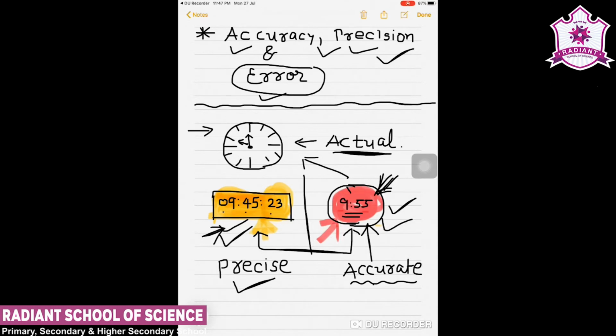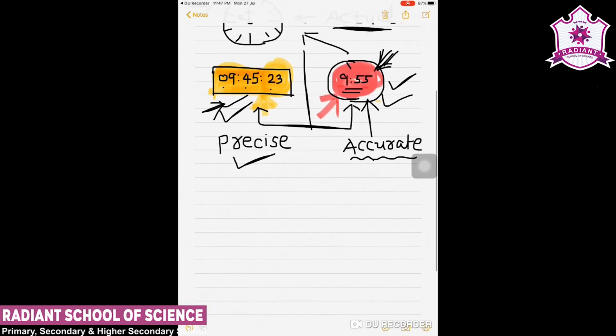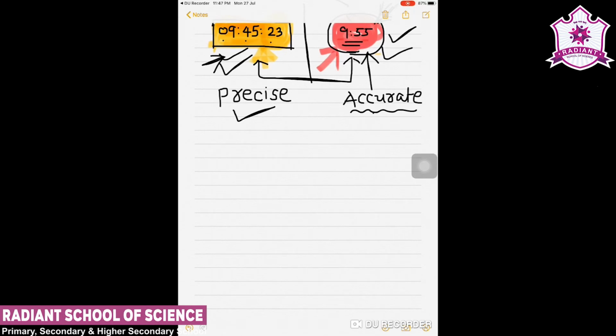So this clock, that means the red clock, is more accurate but less precise, while the yellow clock is more precise but less accurate, and accuracy and precision are instrumental. So an instrument has more accuracy, an instrument has more precision.